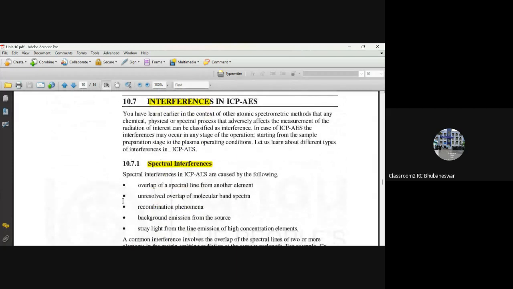So, interference in ICP AES. We have spectral interference, the way we were discussing in the last class, then chemical interference and physical interference.